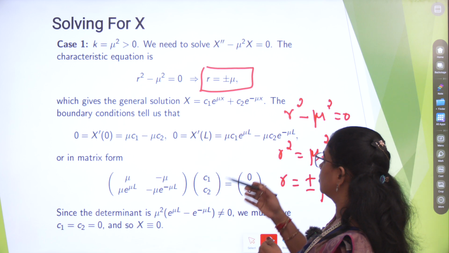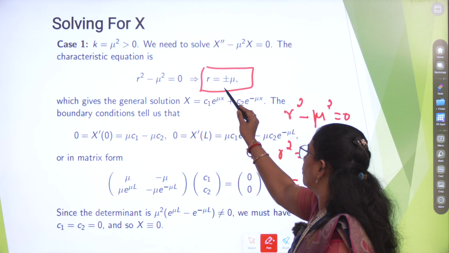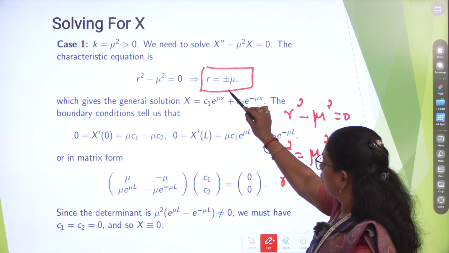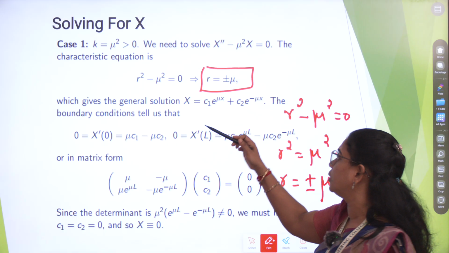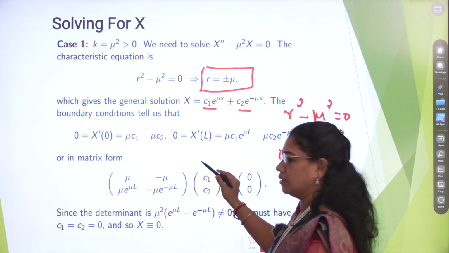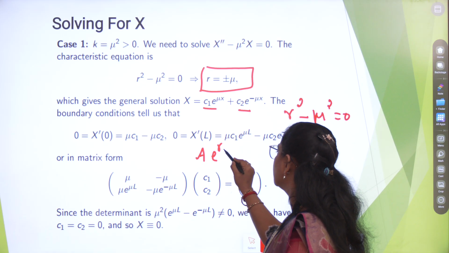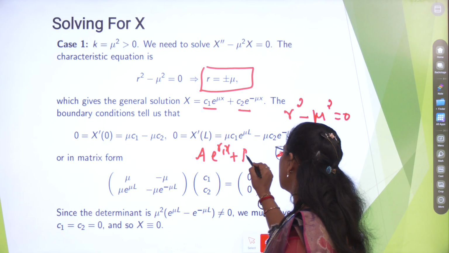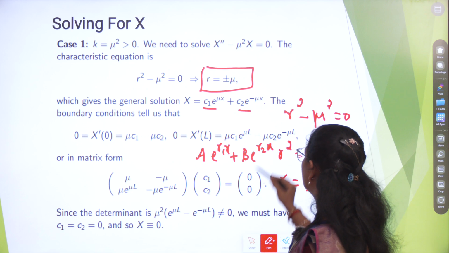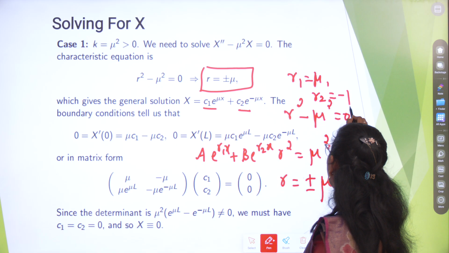So the general solution of the complementary function: both are different roots, one root plus mu, another root minus mu. Taking constants c1 and c2, the general solution is c1 e^(r1 x) plus c2 e^(r2 x), where r1 equals mu and r2 equals minus mu.